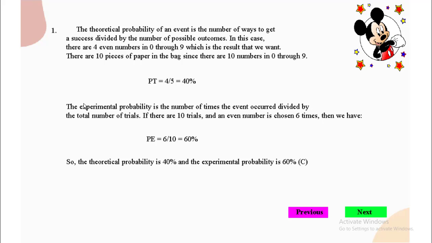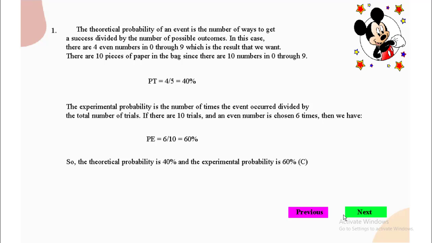And the experimental probability is the number of times the event occurs divided by the total number of trials. If there are 10 trials and an even number is chosen 6 times, then we have PE is 6 divided by 10, so the answer is 60%. So the theoretical probability is 40% and the experimental probability is 60%. The answer is C.